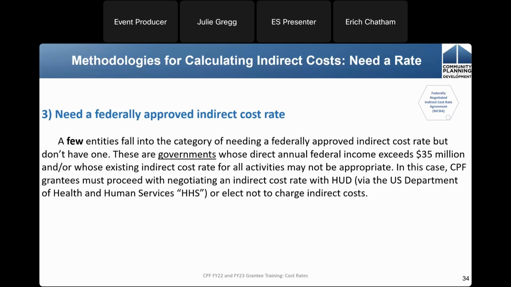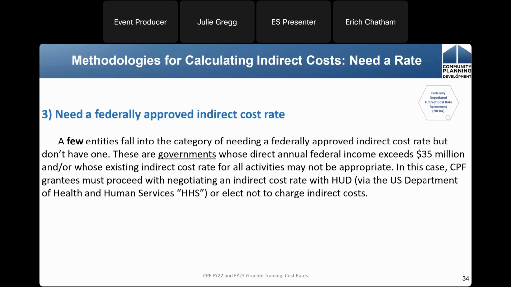So if you would like and need a federally approved indirect cost rate, there are just a few entities that might fall into the requirement to have one, and these are only governments with direct annual federal income exceeding $35 million. You're required to have one. I think there are very few, if any, CPF grants or grantees where this award will kick them over that requirement.